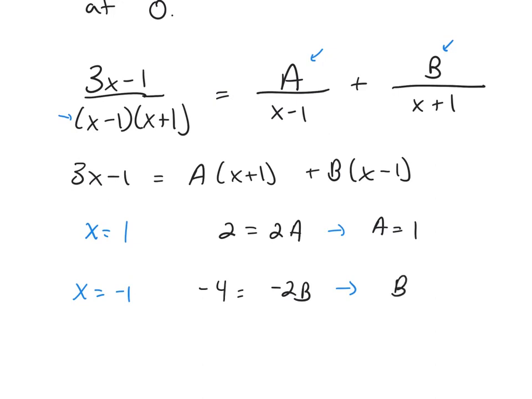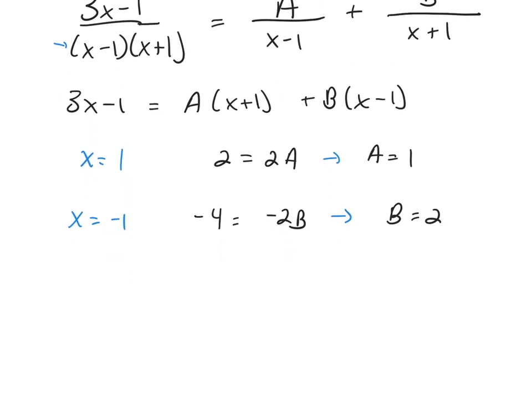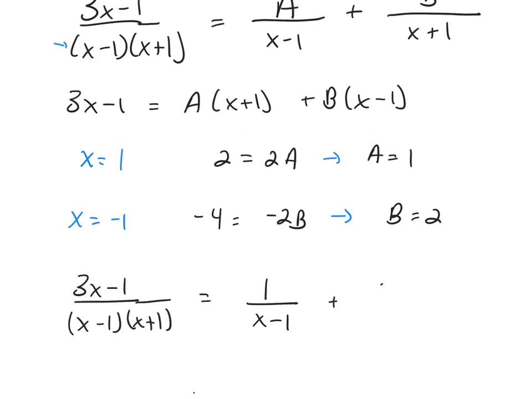B must be 2. So what we've done is we've rewritten the fraction (3x minus 1) over (x minus 1)(x plus 1) as 1 over x minus 1 plus 2 over x plus 1.